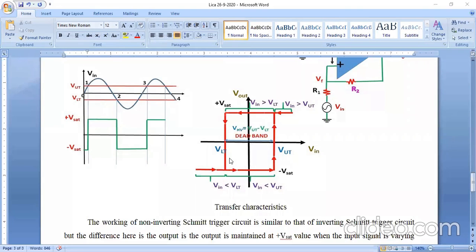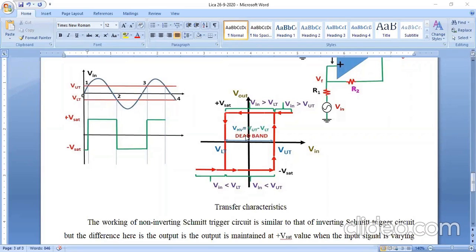Then 0 to lower threshold voltage, lower threshold voltage to negative maximum, negative maximum back to the lower threshold voltage, and lower threshold voltage to 0. So this is the particular complete cycle.